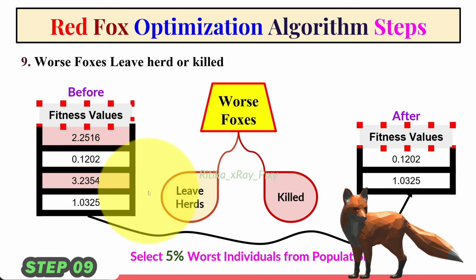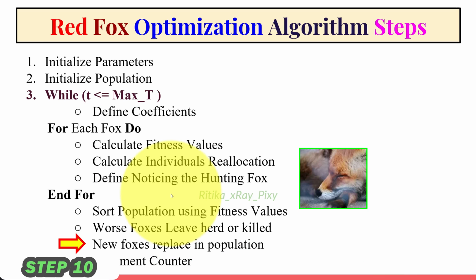So right now suppose we are doing the minimization, so we will not take the maximum values. So here we will consider that either these individuals are killed or they leave the herd. So it is assumed here that the removed foxes either they are killed by the hunter or they migrate to the other places. Done.